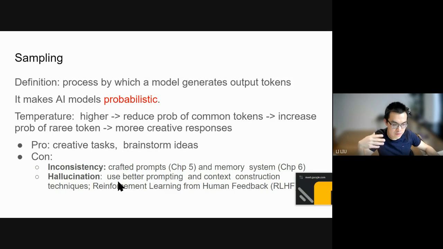And another point is hallucination, which is also a very popular term right now, like on social media. Several techniques can overcome that, such as better prompting and context construction techniques. So to better use the model, we need to come up with better prompts. Another one is RLHF, reinforcement learning from human feedback.